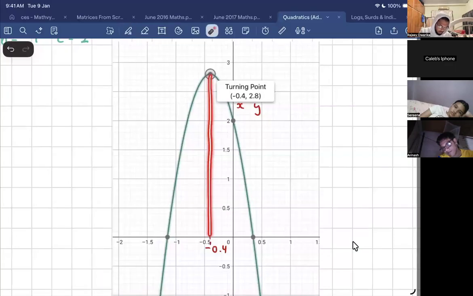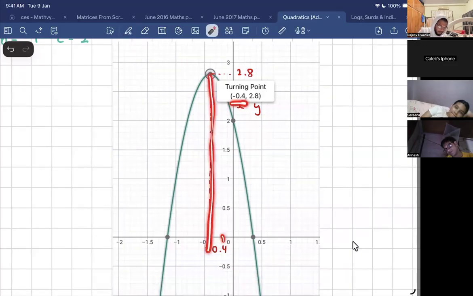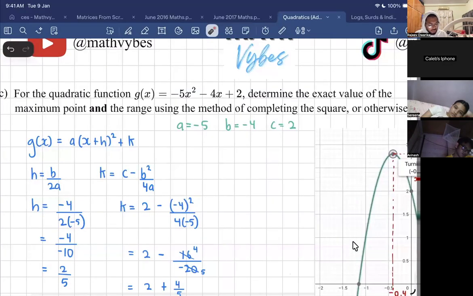And if I do this across, I'll see the 2.8. Serena and Killable, you seeing that? Yes, sir. So I can see that the X value is the minus 0.4 and the Y value is 2.8. Great.